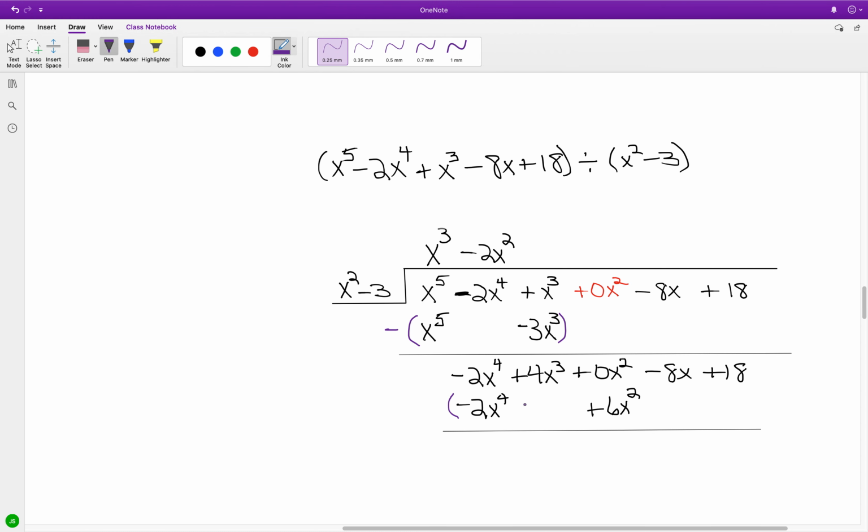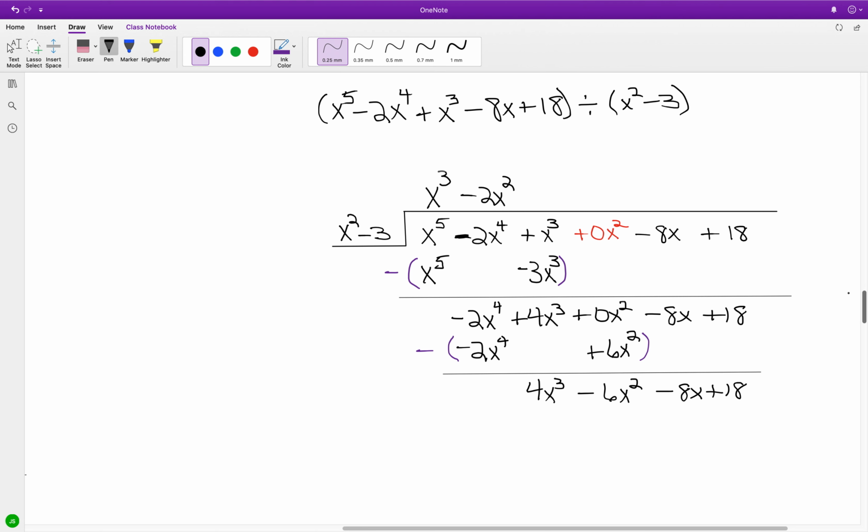And once again, performing subtraction, negative 2x to the fourth will go out. 4x cubed will be brought down. And we got 0 minus 6x squared, so we have a negative 6x squared. And we can go ahead and bring down the rest of the terms.